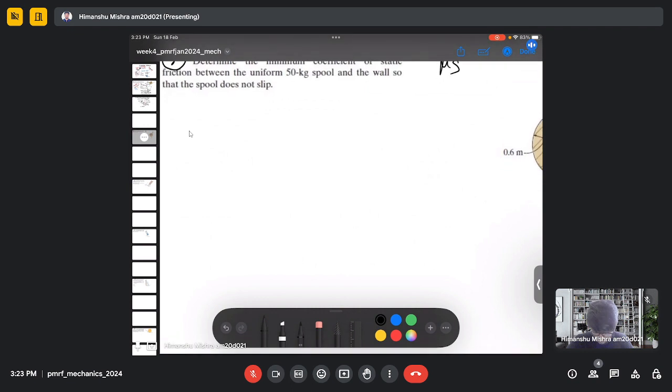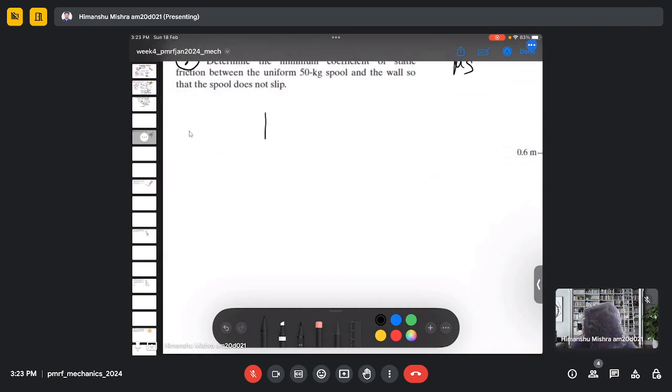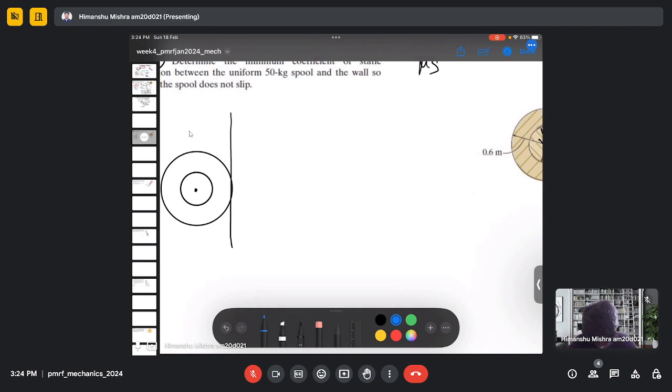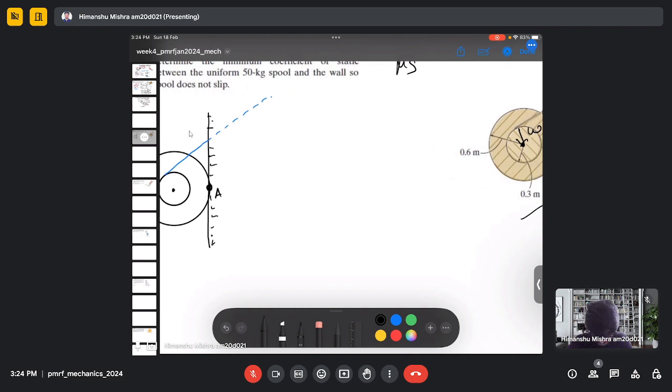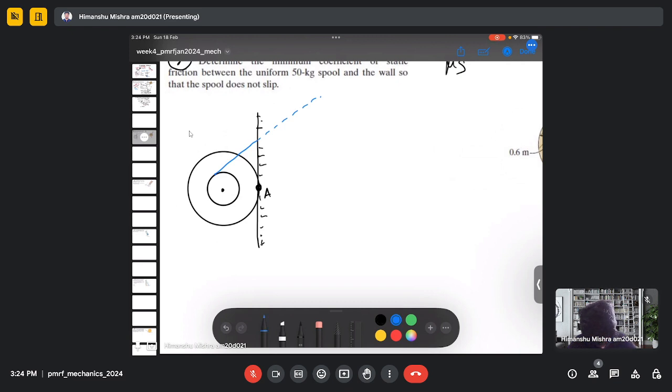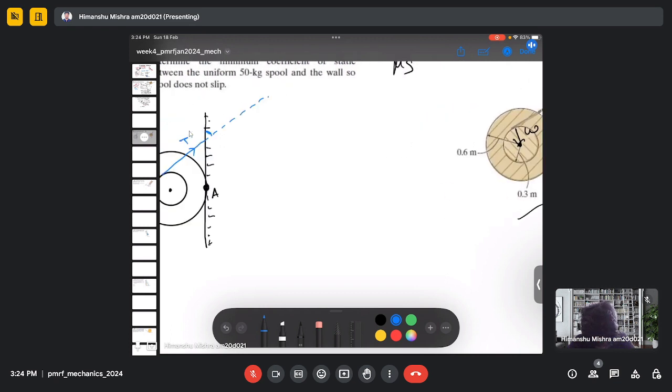So as usual, we need to first make the free body diagram. So this is at angle 60.